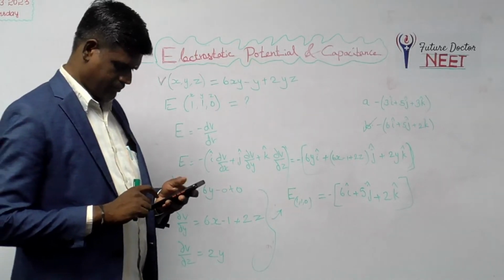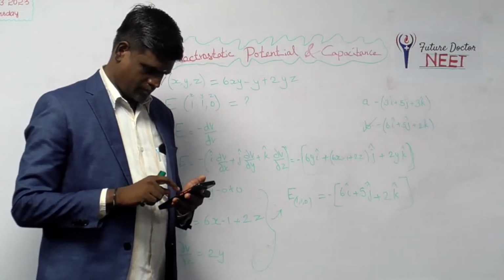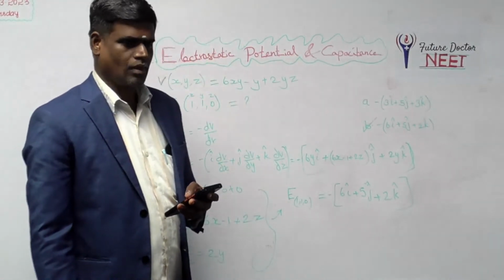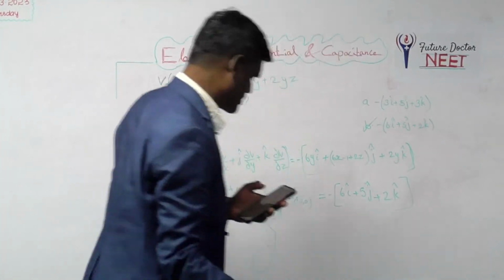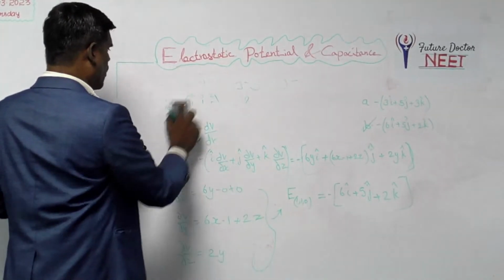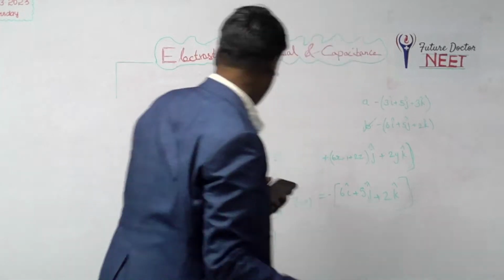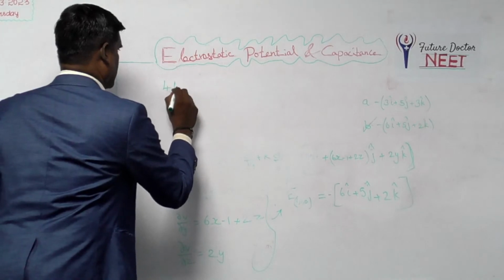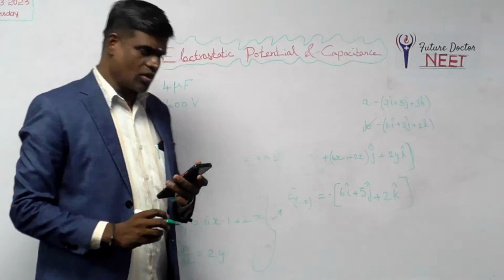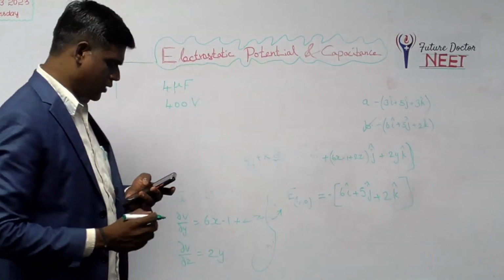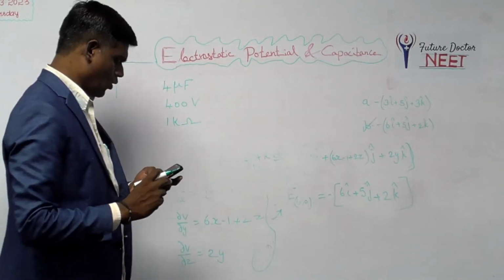Next problem. A 4 microfarad capacitor is charged to 400 volts, and then its plates are joined through a resistance of 1 kilo ohm.